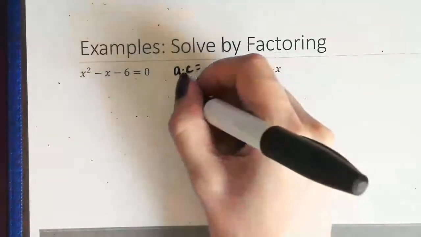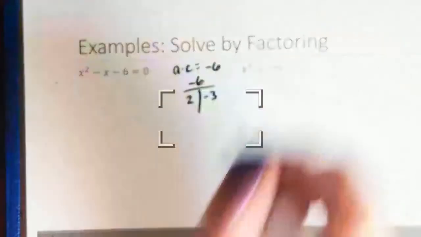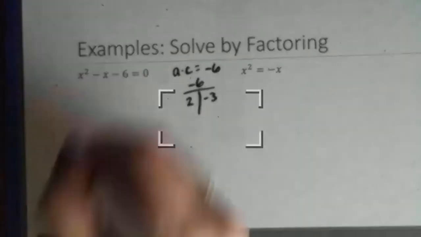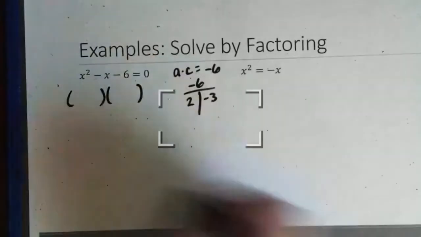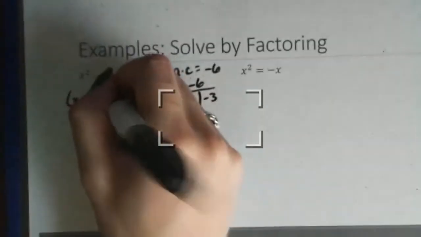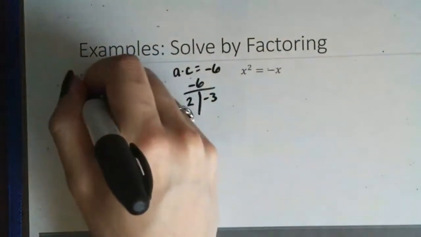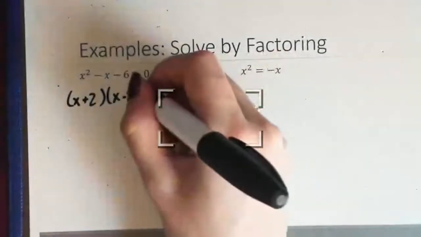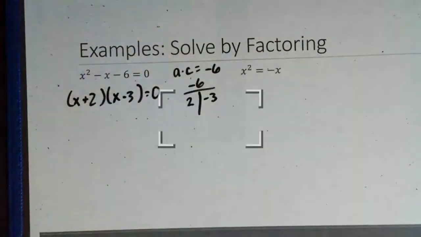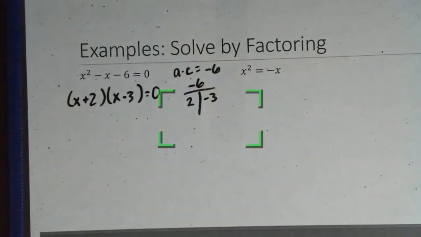So that's going to be a positive 2 and a negative 3. Since my a value is 1, I can set up my two sets of parentheses, put my x's in front. I want a positive 2 and a negative 3, so I just factored the left-hand side, and I need to set it equal to 0 because that's what the equation says.